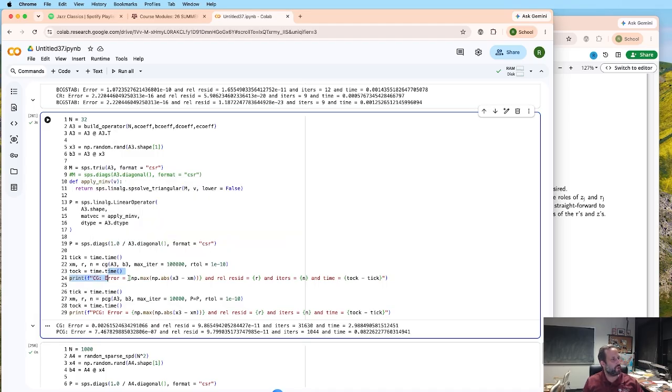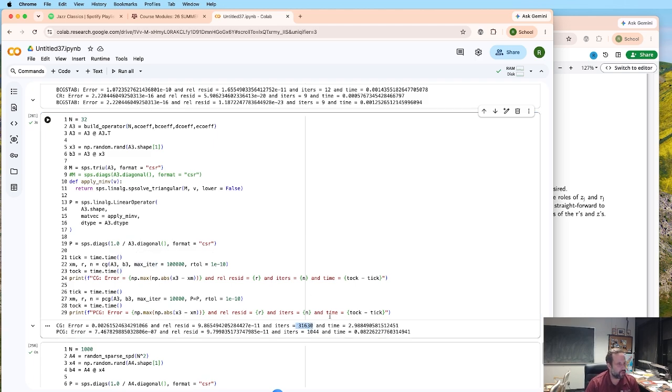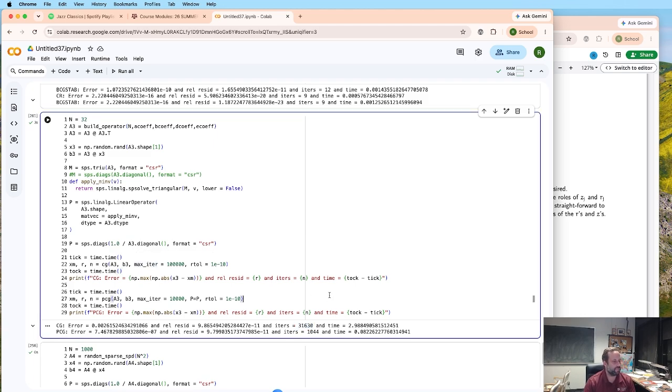If we just do the normal conjugate gradient on it, we get horrible convergence. I mean, 30,000 iterations is very slow. But notice if we just do this very simple preconditioning by just dividing by the diagonal, we get a much better convergence rate here.